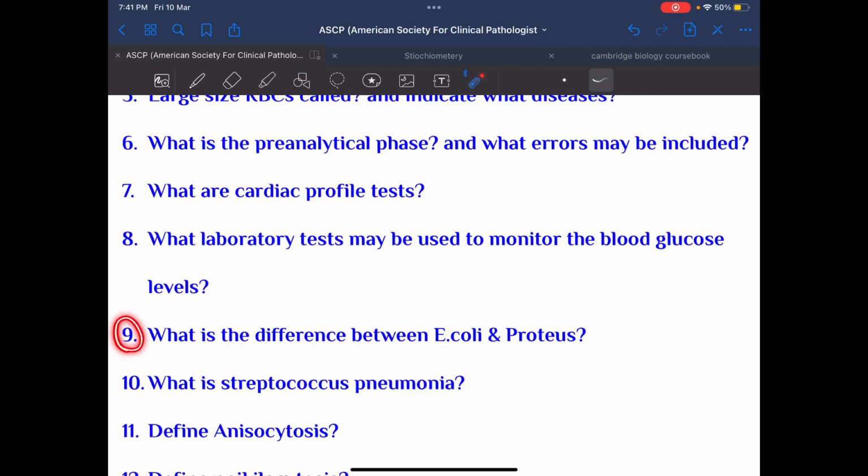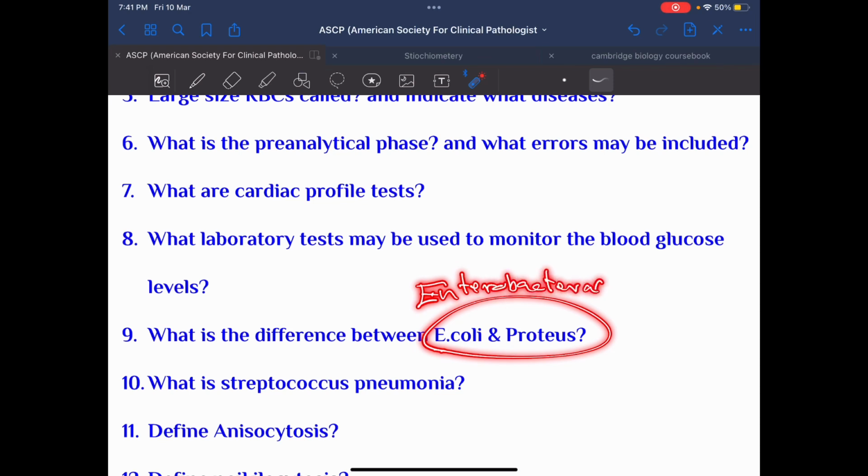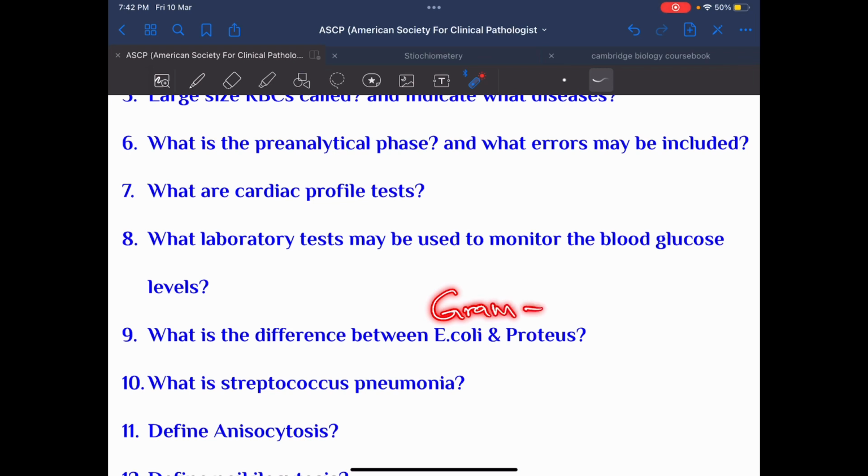Question number 9. What is the difference between E. coli and Proteus? It is Proteus vulgaris. Both are from Enterobacteriaceae family. Both are gram-negative bacilli.